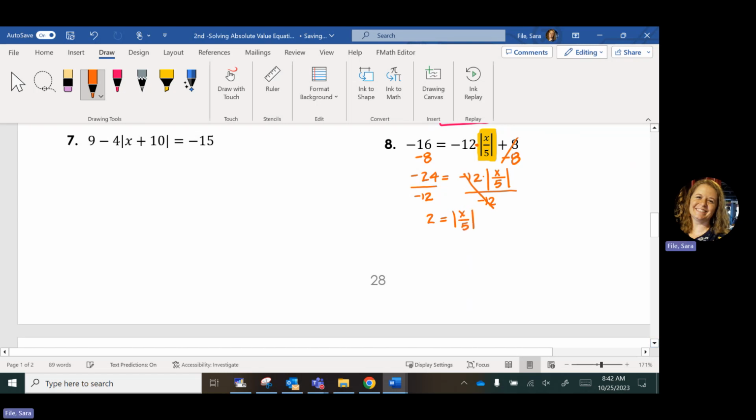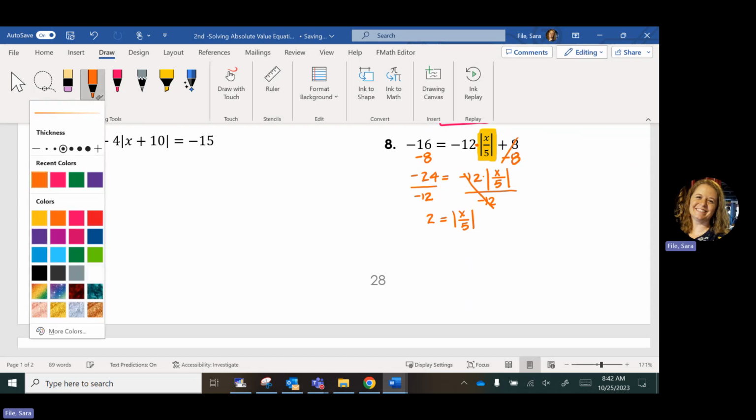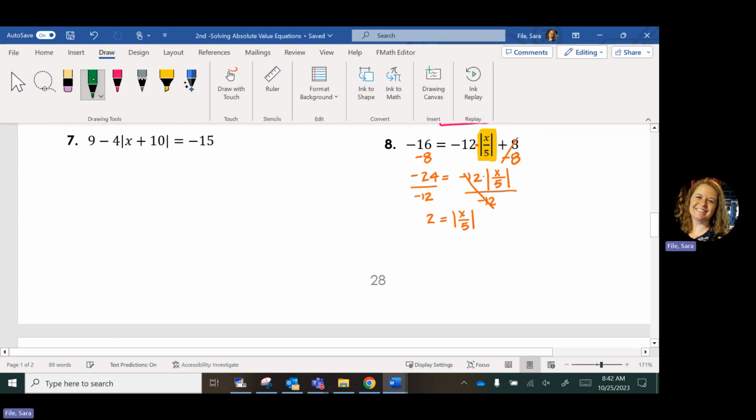All right, great. We've isolated our absolute value. That was step one. That was the goal. Now, how many solutions am I going to have? Can you tell me just based on that step? My absolute value expression is set equal to a positive number. I'm going to have two solutions. Very good.